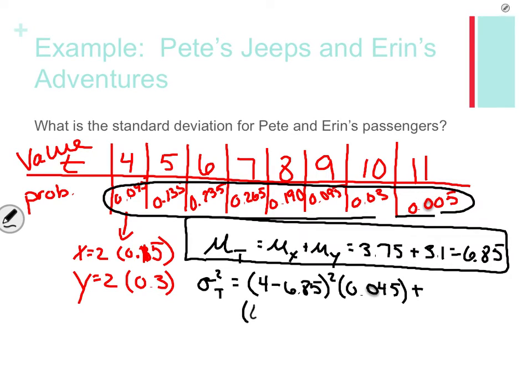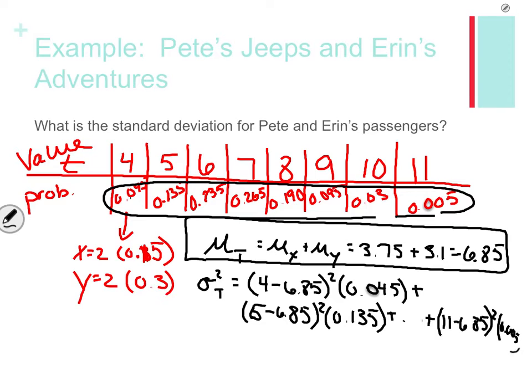So then 5 minus 6.85 squared times 0.135, plus, and the last one, 11 minus 6.85 squared times 0.005, okay? And you're going to end up with 2.0775, okay, which is not the standard deviation.